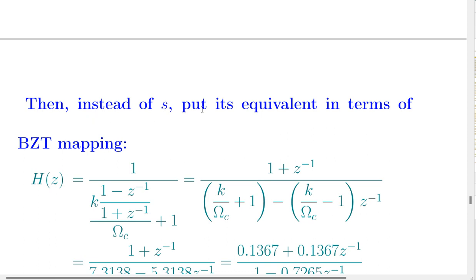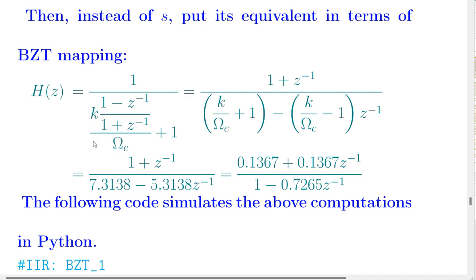Then, instead of s, put its equivalent in terms of BZT mapping. Now, very simple replacement. H of z will be equal to 1 over, we had s, so substitution, K times (1 minus z to the power of minus 1) over (1 plus z to the power of minus 1) over omega c, plus 1.